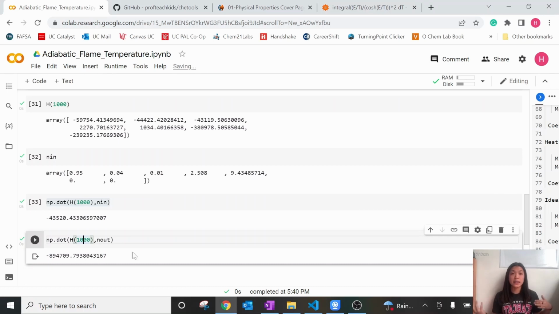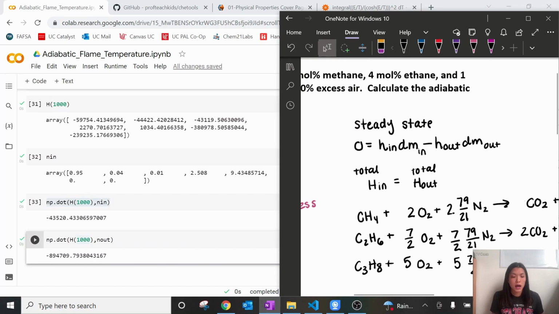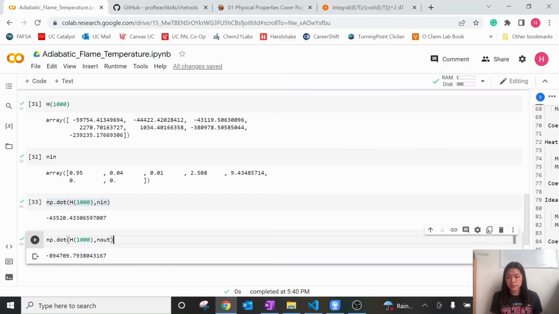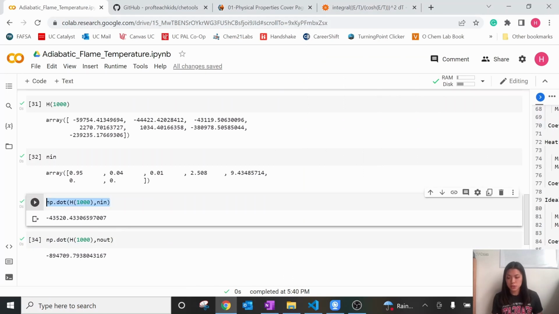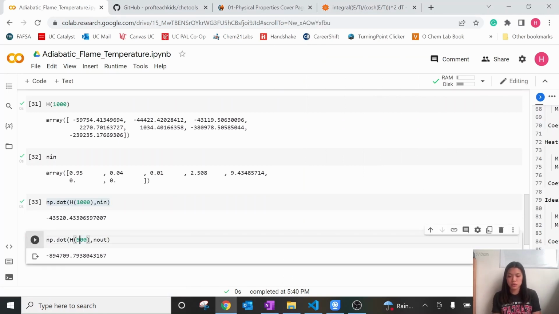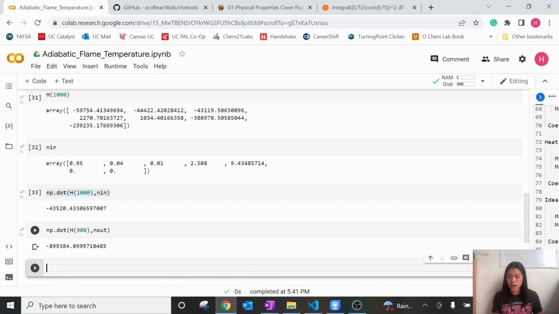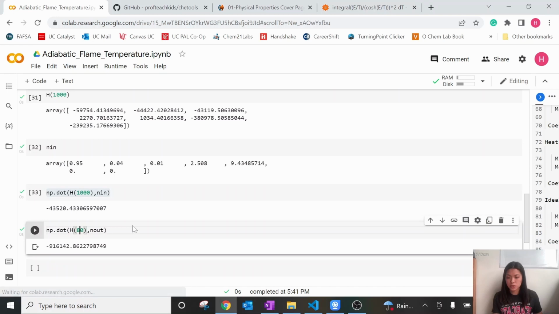And so we want the enthalpies to equal one another because, as we said in here, the enthalpy going in has to equal the enthalpy going out. And so if we were to change the temperature, let's say we change this to 900, we would have to manually, slowly change the temperature until they were equal.